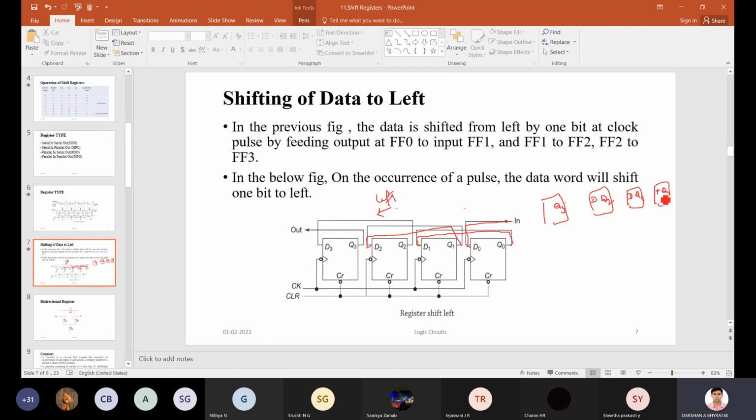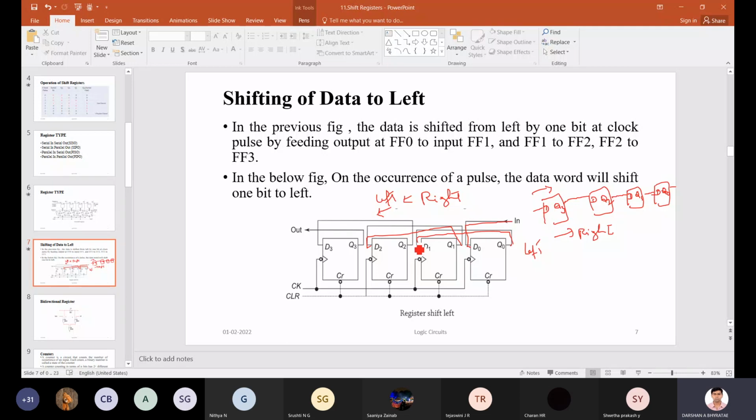The output of the first stage, if I connect to the input directly, again the second stage I am going to connect to the third stage, nothing but what? I am going to perform the operation of right direction. From left to right. This is right to left. Okay, this is right to left operation.